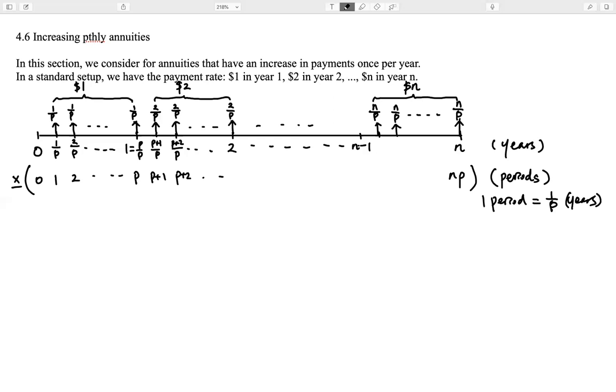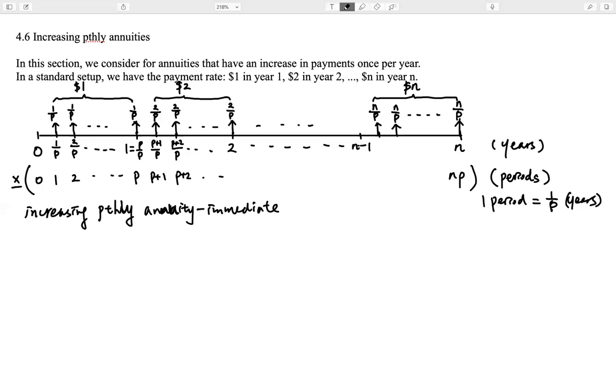This is a standard increasing pthly annuity immediate, right?